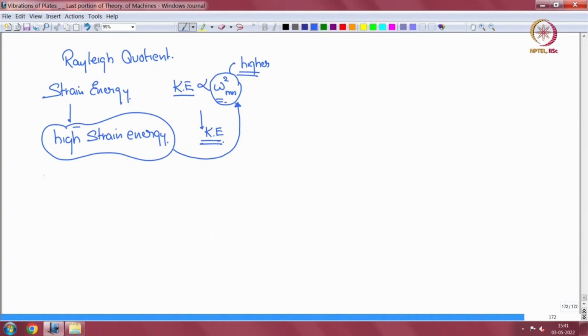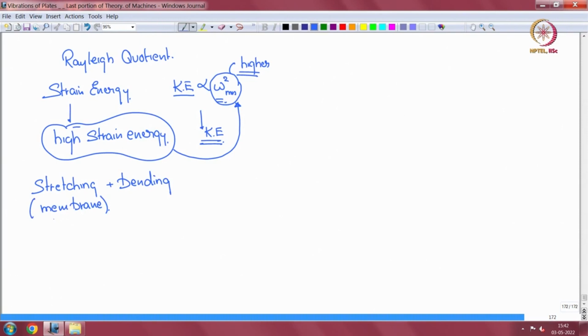Now, let us look at the strain energy in stretching. Strain energy can be broken into stretching energy and bending energy. Stretching is also called membrane energy or membrane stretching.